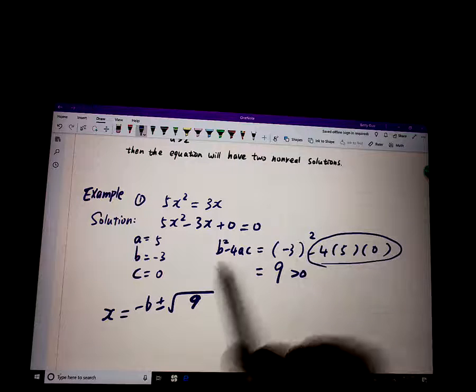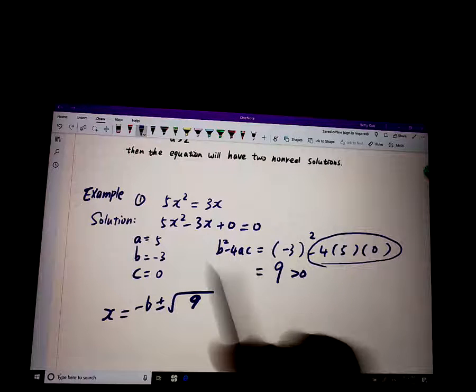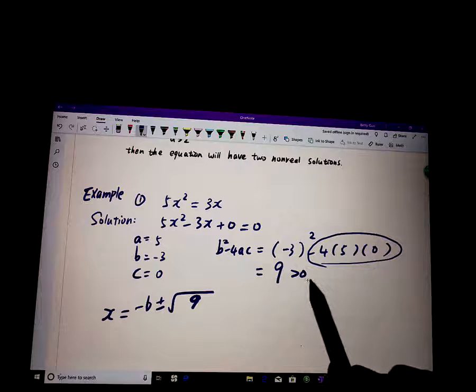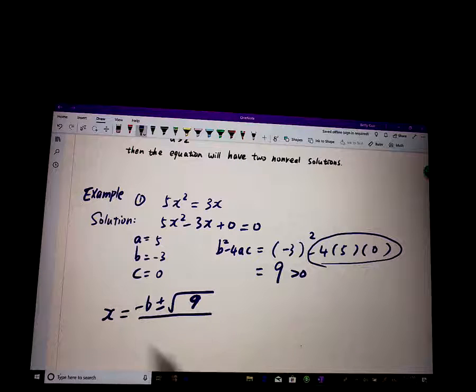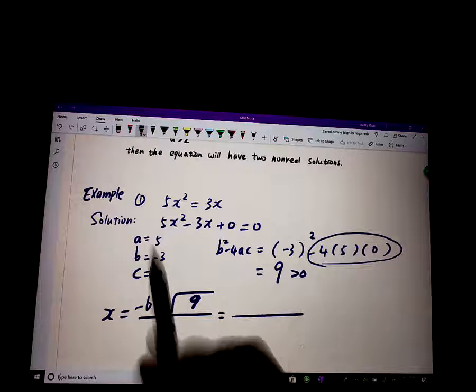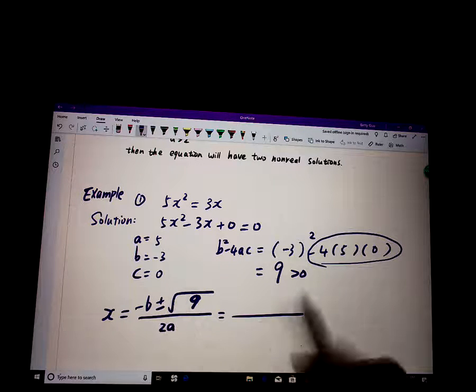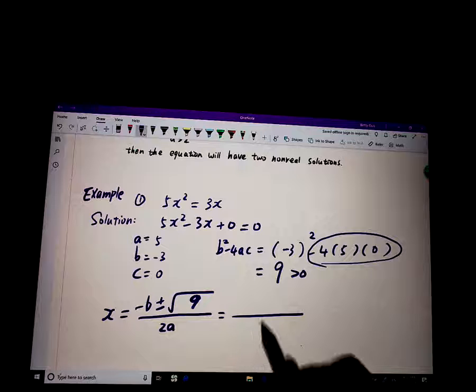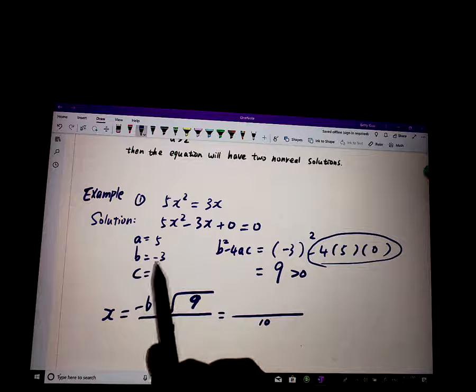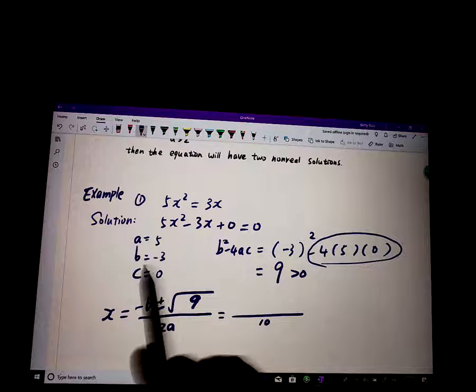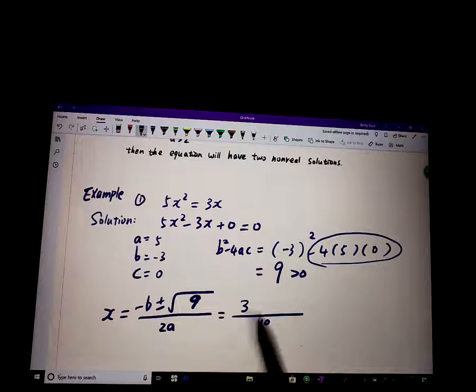So I recommend you find the value for the discriminant first, and then apply the formula. On the bottom, we have 2 times A. A is 5, twice of 5 is 10. B is -3. Opposite of B is 3. For some reason, people tend to mess up the opposite part. Just slow down. It's not something complicated.